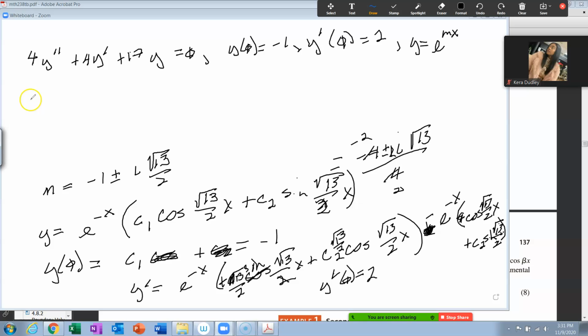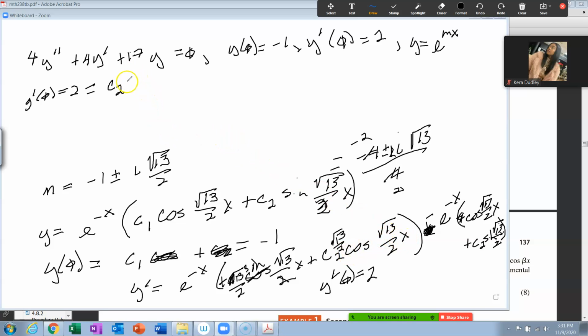So what we have then is y prime at 0 is equal to 2. Okay, and that's equal to, this is the one down here. This will be e to the 0 is 1 times the square root of 13 halves times 0, so that's going to be 0, plus c2, cosine of 0 is 1.